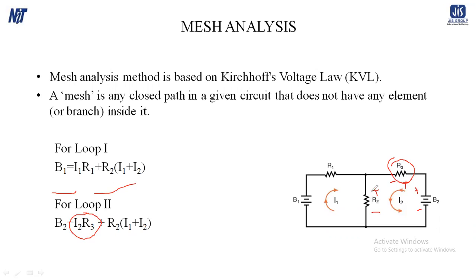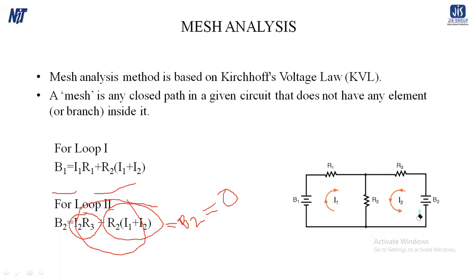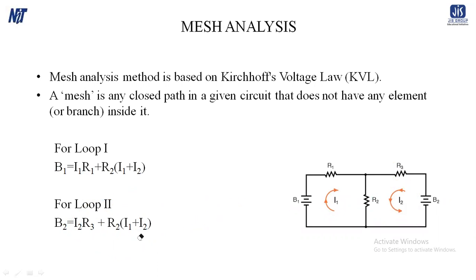Here it is R2 into I2 plus I1. Then plus to minus here, it is minus to plus, so this will be minus V2 equals 0. So you can write V2 equals I2 R3 plus R2 into I1 plus I2. This is the fundamental and basic concept to develop the loop equation, or you can say the mesh equation.